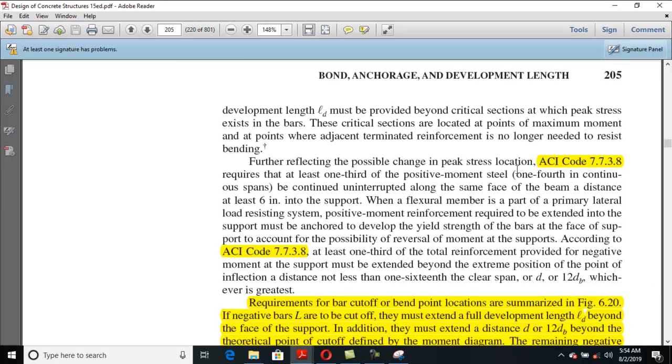Another code criterion is that, reflecting the possible change in peak stress location, at least one-third of the positive moment steel, or one-fourth in continuous spans, must be continued uninterrupted along the same face of the beam a distance of at least 6 inches.